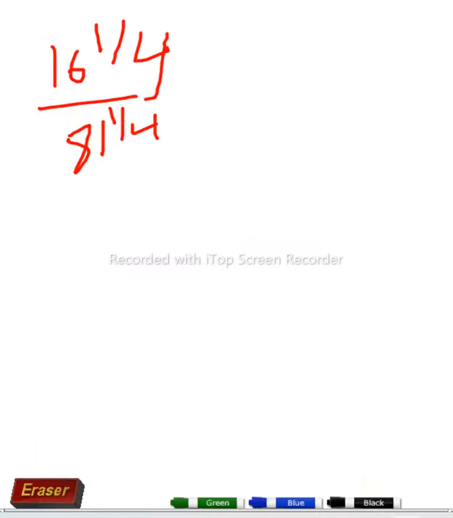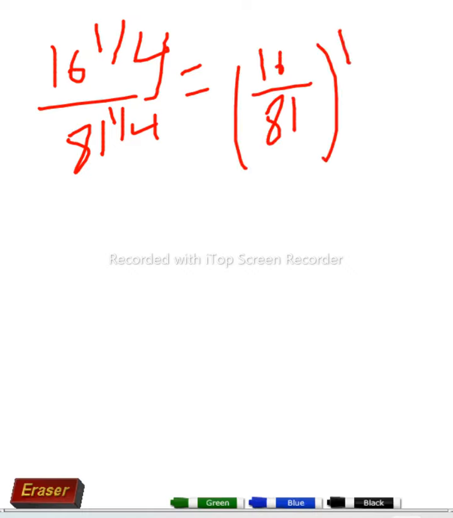Since they have the same exponents, we can take the numbers together, 60 over 81, to the power of 1 over 4.